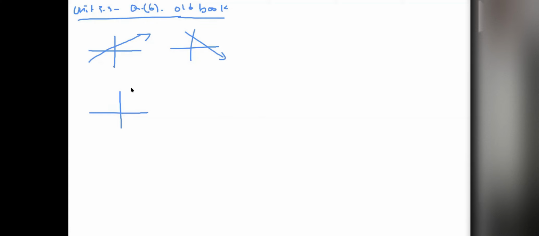But actually the line is vertical. And the horizontal, and the other one's vertical. Okay, so the other line is horizontal. Something like this.